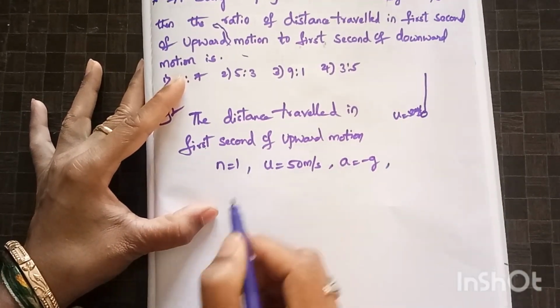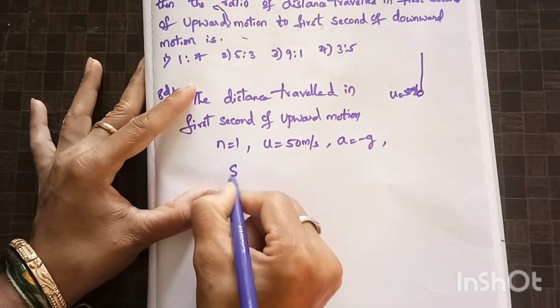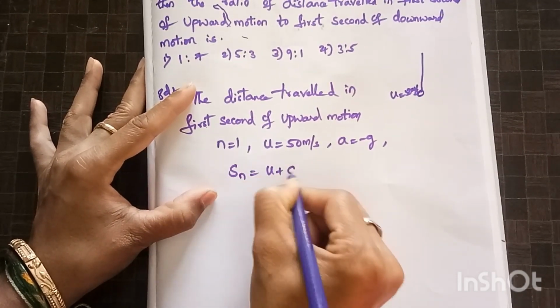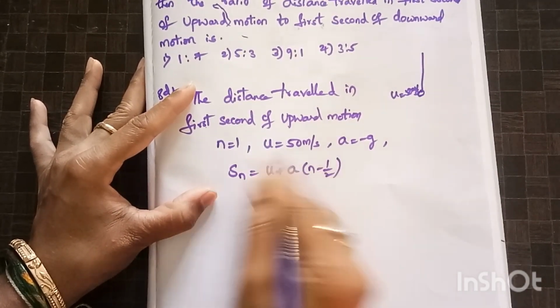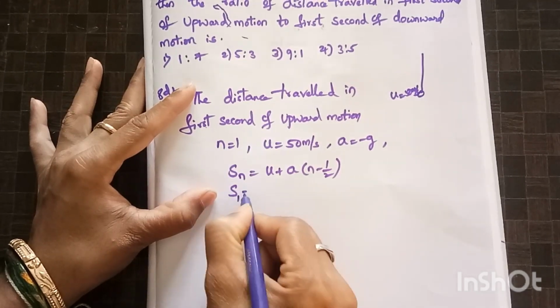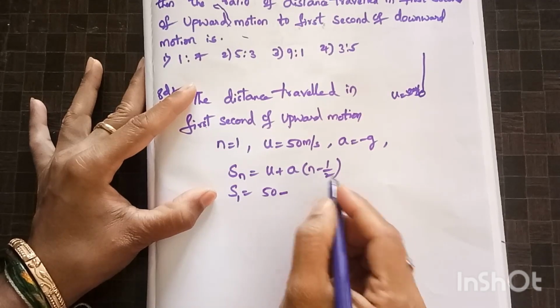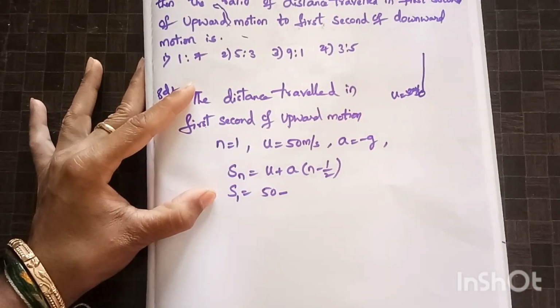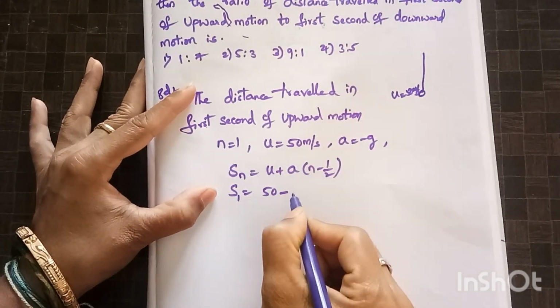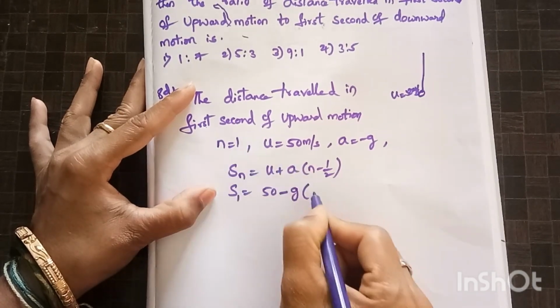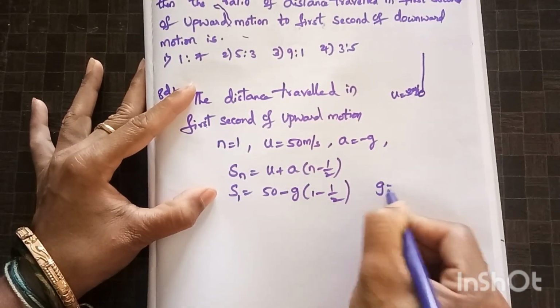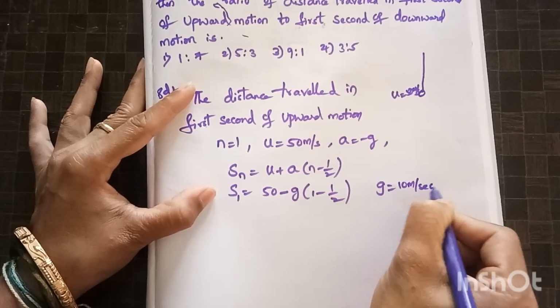Next, n equals 1. So Sn equals u plus a into (n minus 1 by 2). Substitute these values: S1 equals 50 minus g into (1 minus 1 by 2), where g is taken as 10 meter per second square.